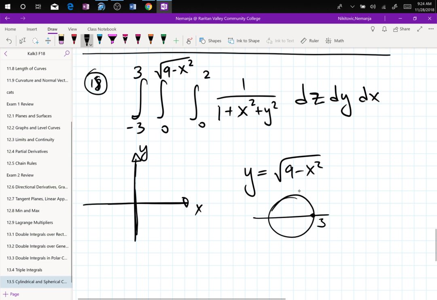But I only have the positive part. It goes from 0. So this is exactly the same as a previous problem. It's lame, I know, but that's what they have in the book. Does this fit? Yeah, it fits. Look at my x. x is from -3 to 3. Perfect. And then from 0, which is flat, to the arch above, half a circle.